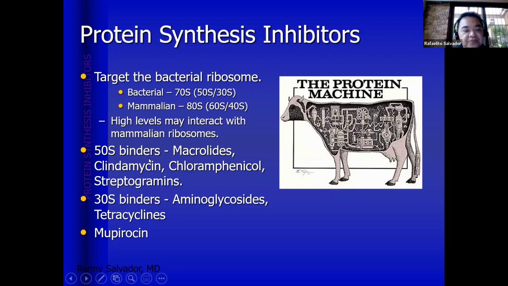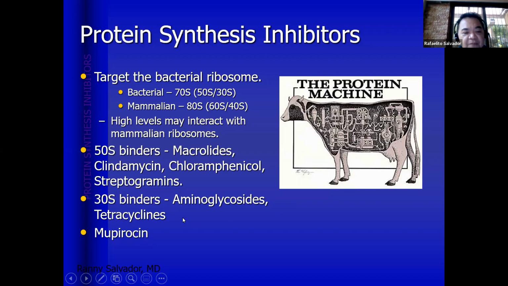So we have the 50S binders, which are macrolides, very popular right now because during these COVID times, most of our patients self-medicate with azithromycin, but we'll discuss that later. And we have clindamycin, very important, especially for anaerobic infections. Then chloramphenicol and streptogramins, and we already discussed the 30S binders.